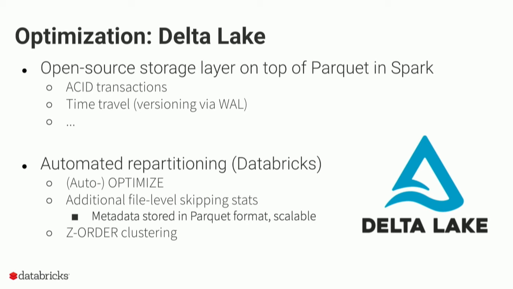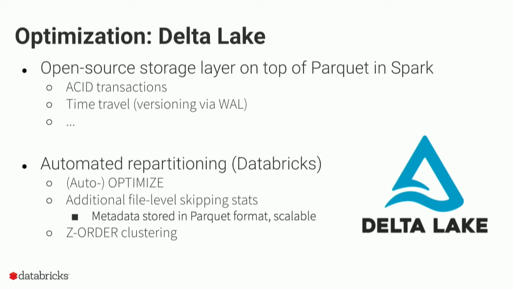There's additional stuff that we can do, since we have the write-ahead log, which is basically a collection of commits referencing Parquet files. We can store additional data there, right? We can store things like the min-max statistics there, which is exactly what we've done.